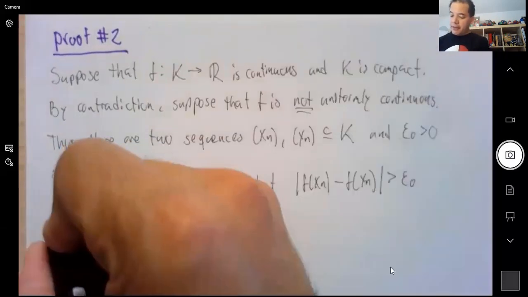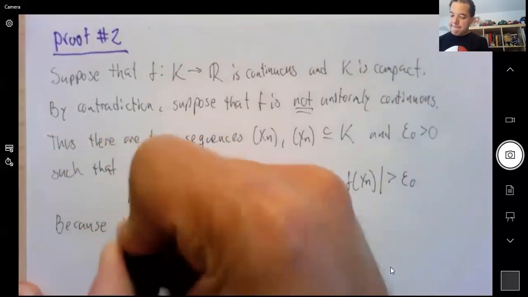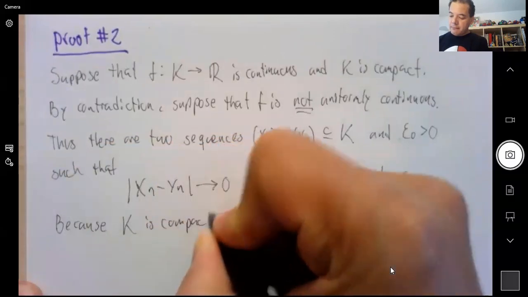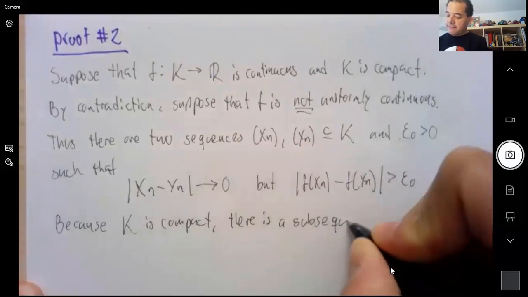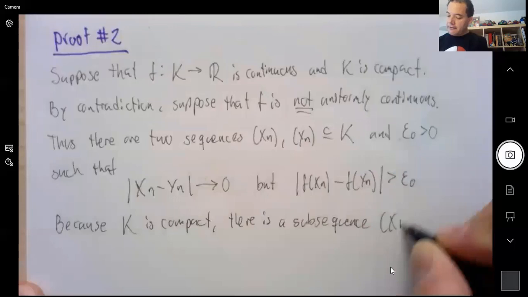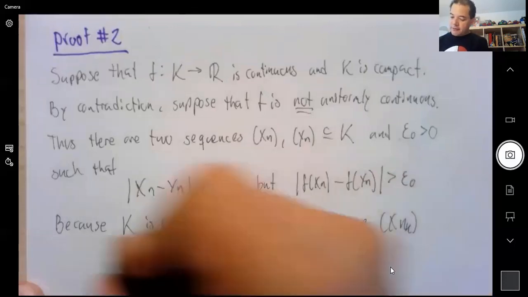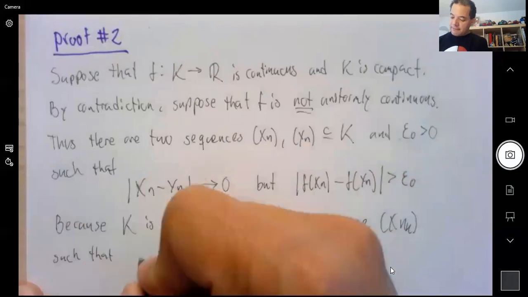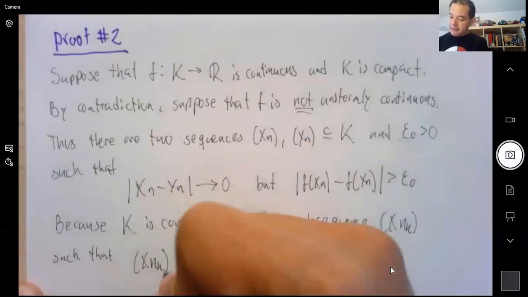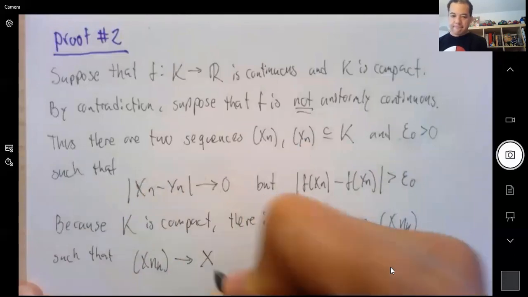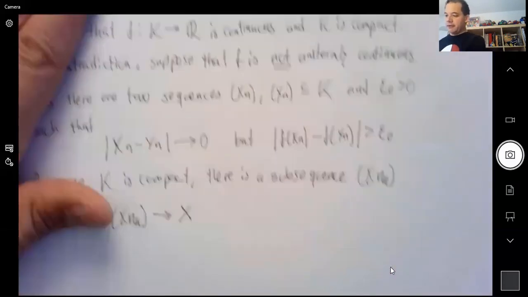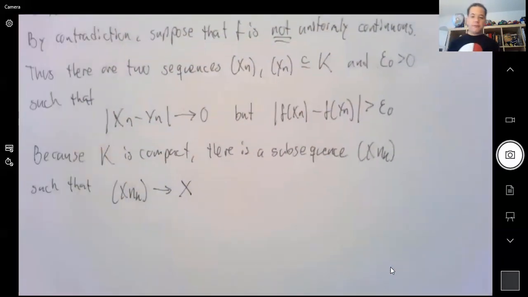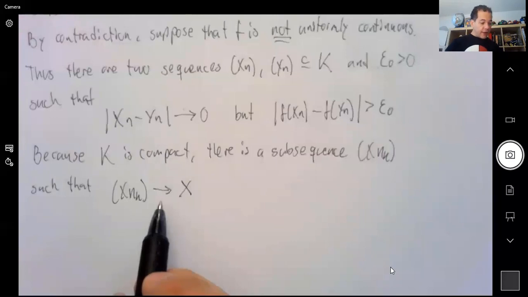So because K is compact, there is a subsequence of xn in K such that it's convergent, say to x, right? We have a convergent subsequence, all right? And then we're going to use that convergent subsequence and figure out what's going to happen.